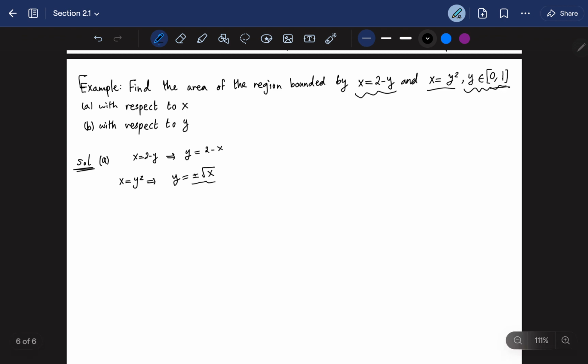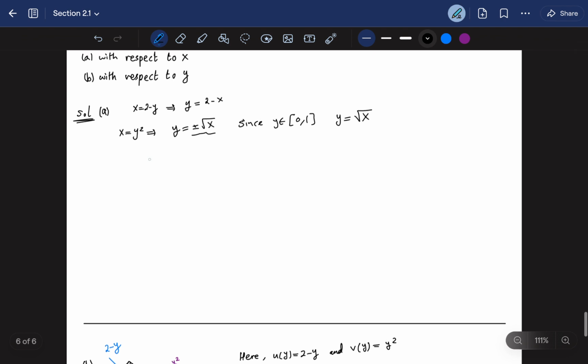It all comes down to the values of y, or the domain of y that I'm taking here. So since y is in the interval from 0 to 1, y must be positive radical x, which is perfect, because now I can just graph these two functions easily. I know that the square root of x looks like this, and then 2 minus x looks like that.